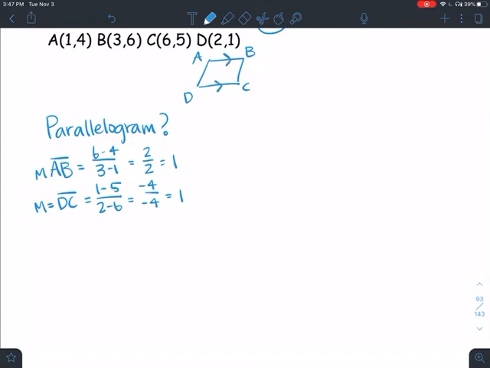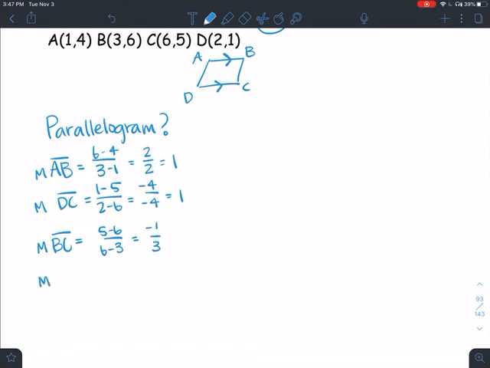Let's check the other two. The slope of BC will be 5 minus 6 over 6 minus 3, so negative 1 over 3.